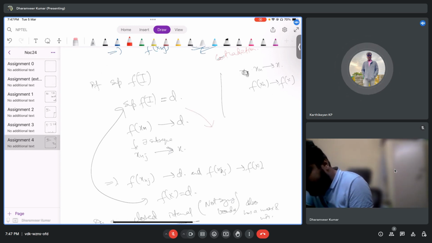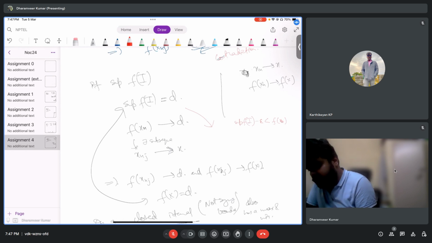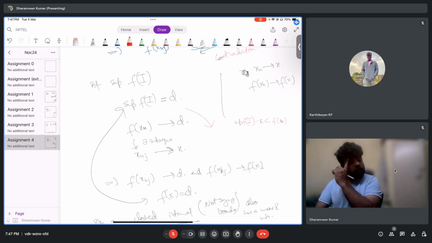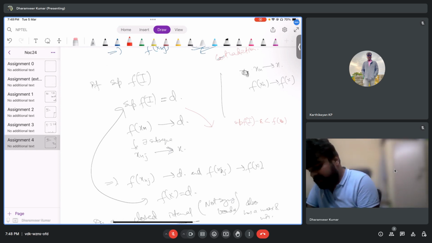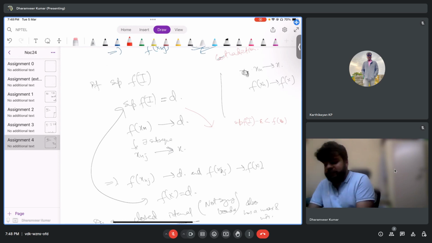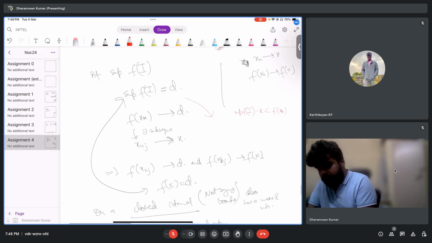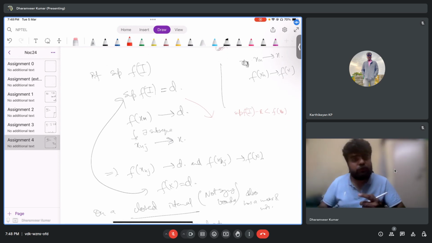That for every epsilon, I can subtract something and there exists a number such that this is true. If I am taking a sequence on f of xn, that means I can always find a sequence which goes to the supremum. All I have to show is that it touches the supremum.